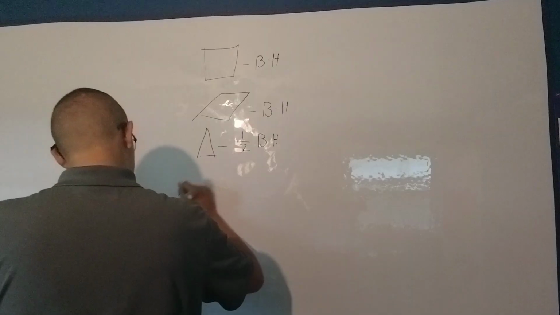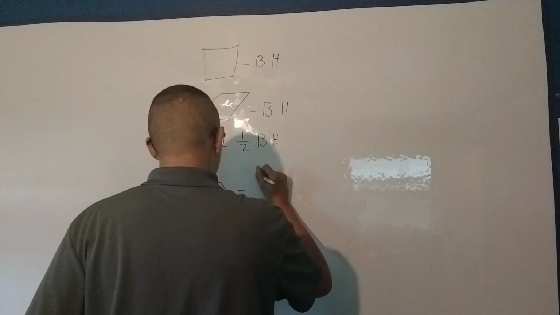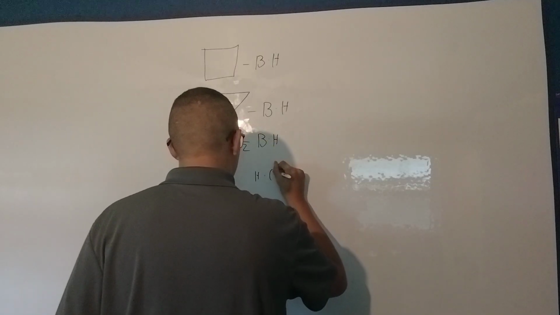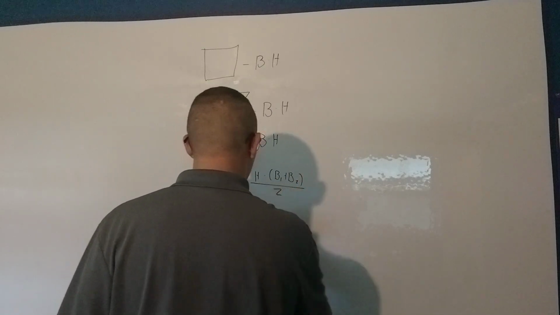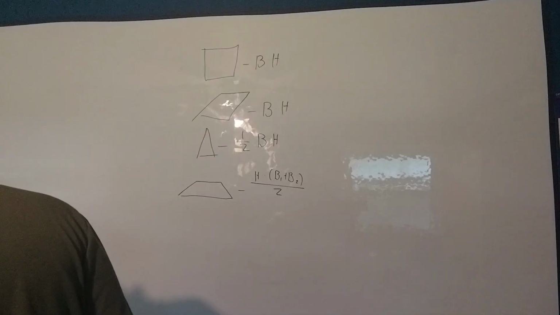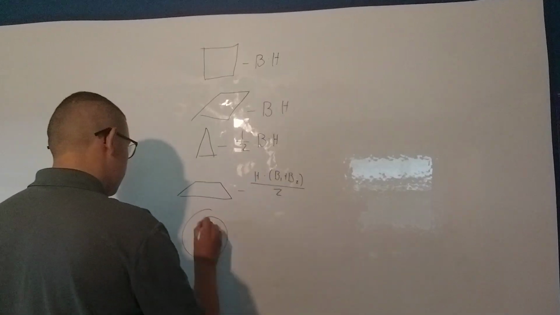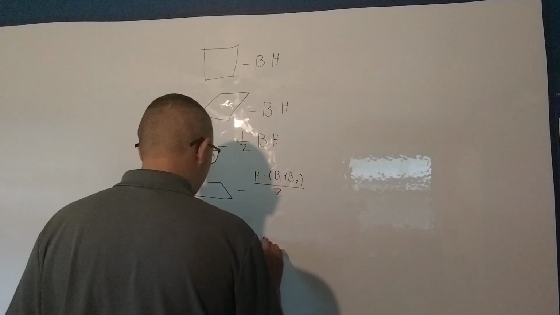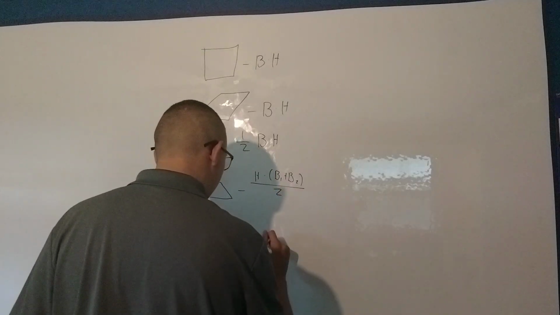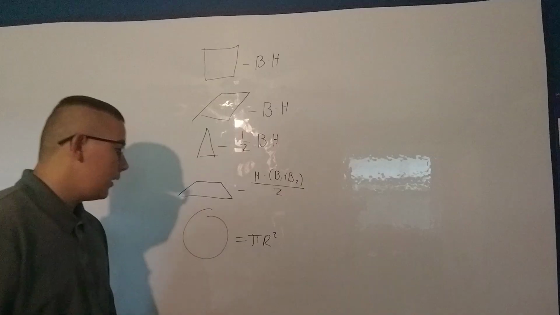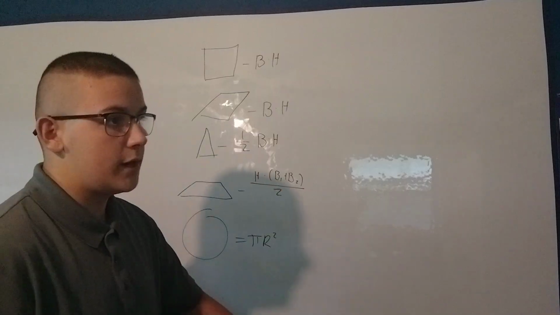If you have, I don't know, a trapezoid, this is height times base 1 plus base 2 over 2. So we have formulas for all of these. I mean, circle is pi r squared, like that. We have formulas memorized for this.